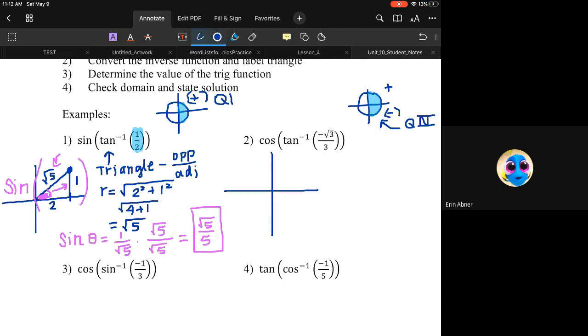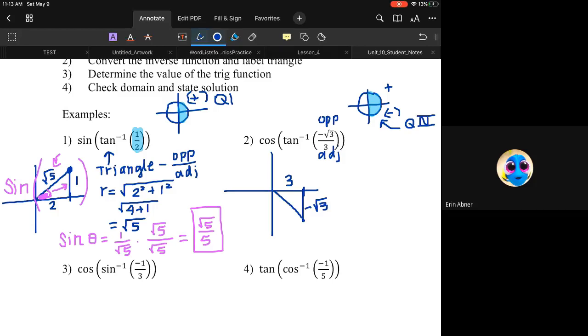So I've gone over, because tangent is opposite over adjacent, so I've gone over 3, and I've gone down the negative square root of 3.